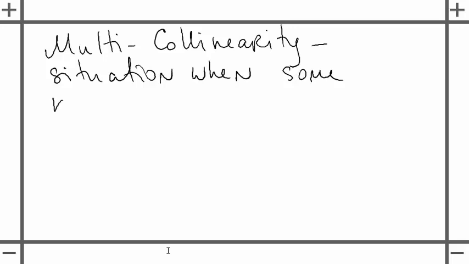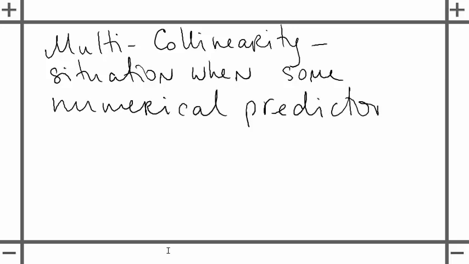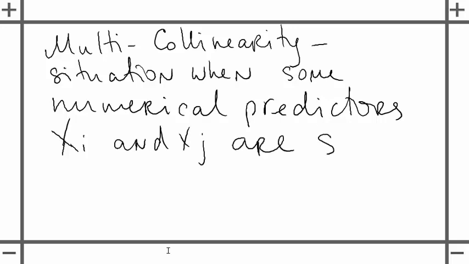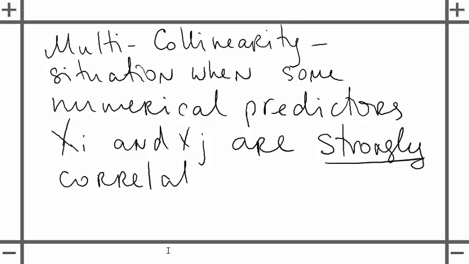When some numerical predictors, let me call them xi and xj, are strongly correlated. And what does that mean?